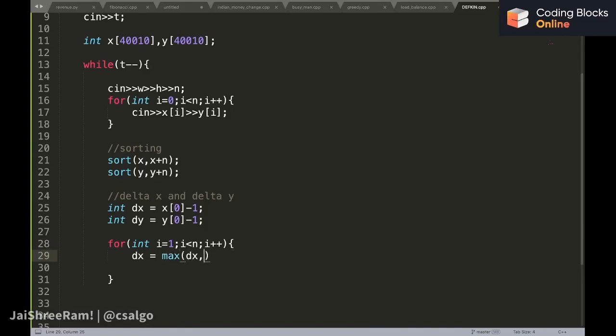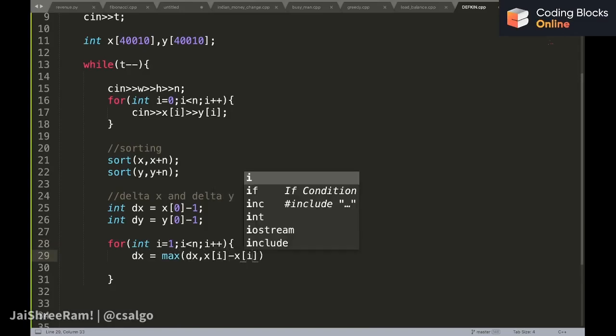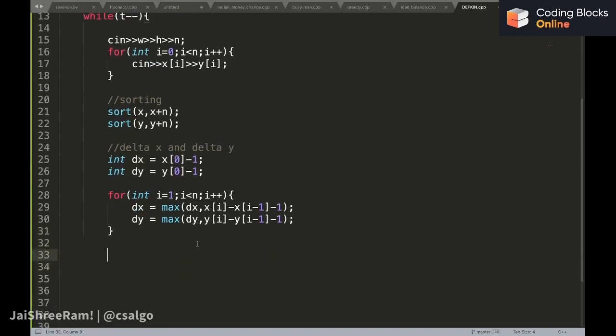The new dx will be my point x of i minus my previous point, that is x of i minus 1, and I will subtract 1 here. Okay, and dy will be max of dy and y of i minus y of i minus 1 minus 1. So this will give me the maximum value of dx and dy.